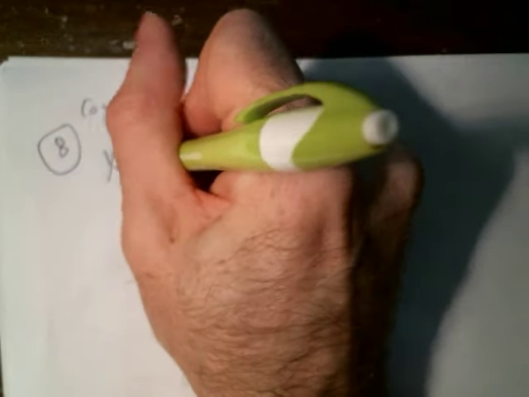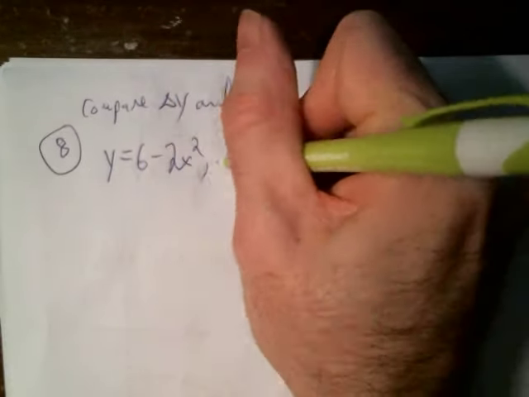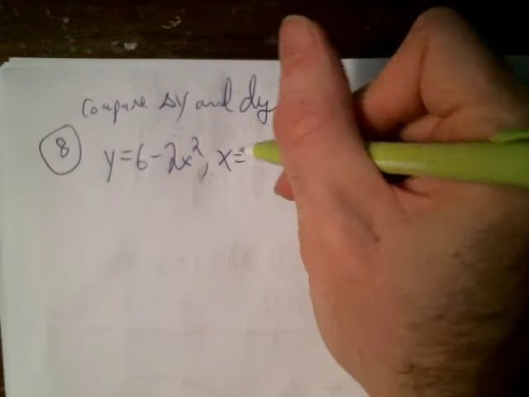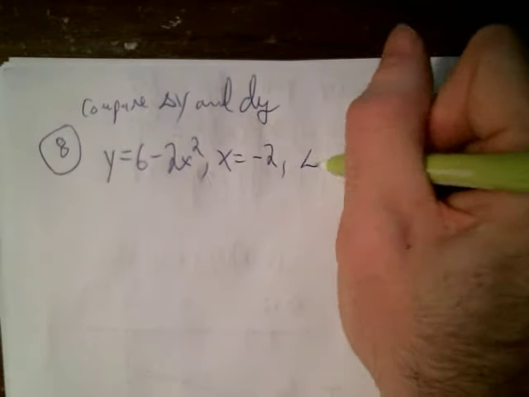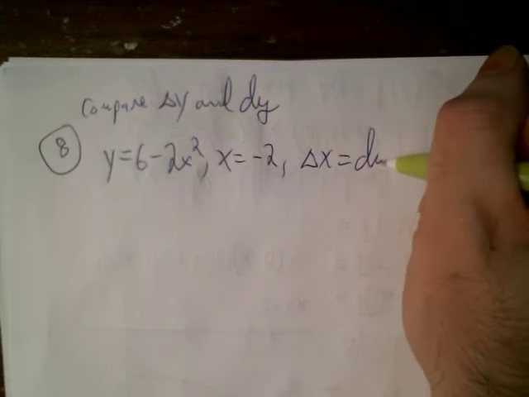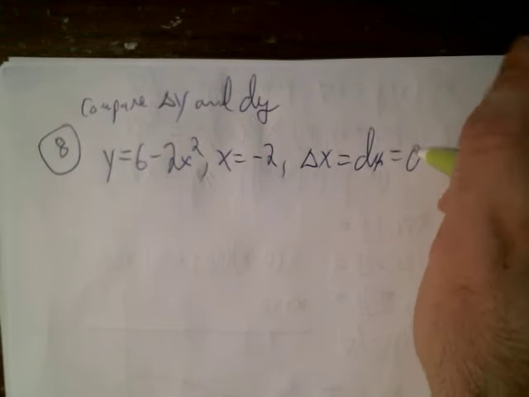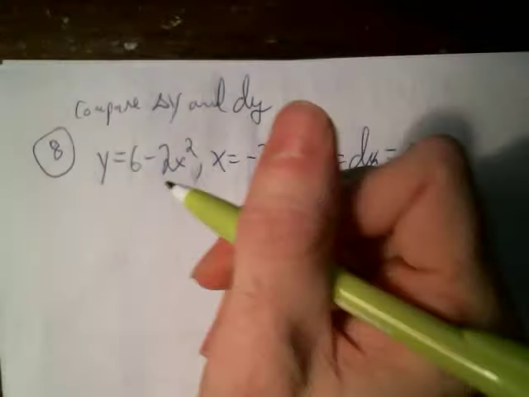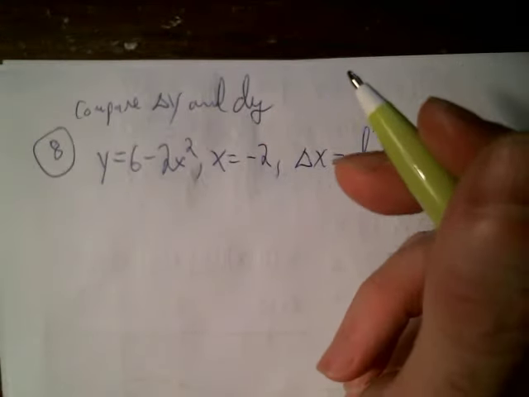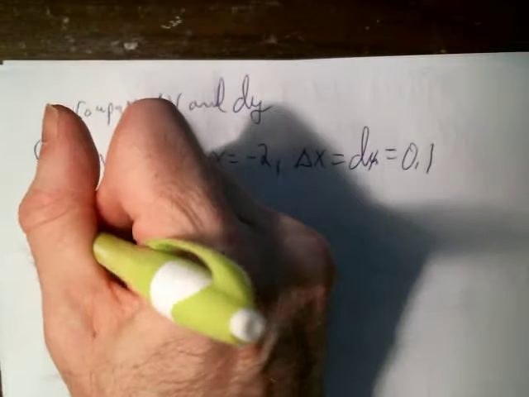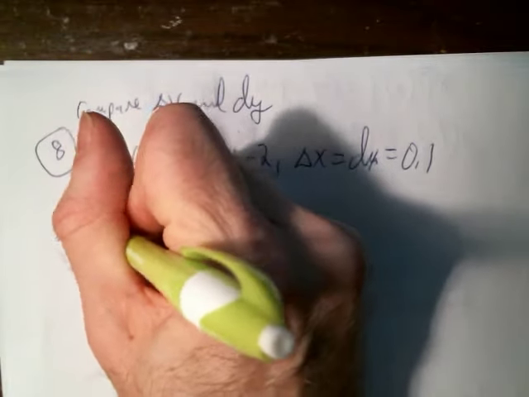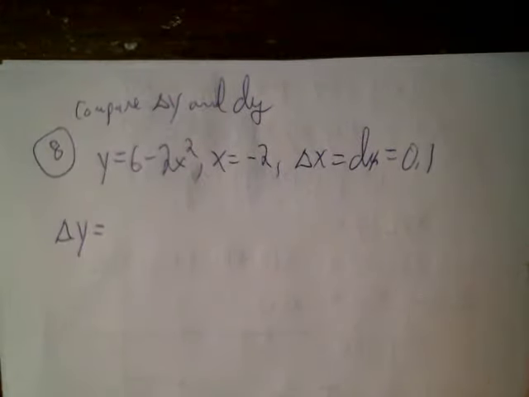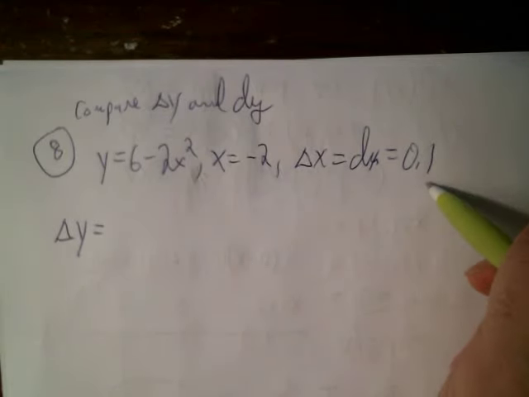Okay. And they give us y is 6 minus 2x squared. X is negative 2, and delta x, which of course is dx, equals 0.1. Okay, so let's get delta y first, the actual change in y, going from negative 2 to negative 1.9.